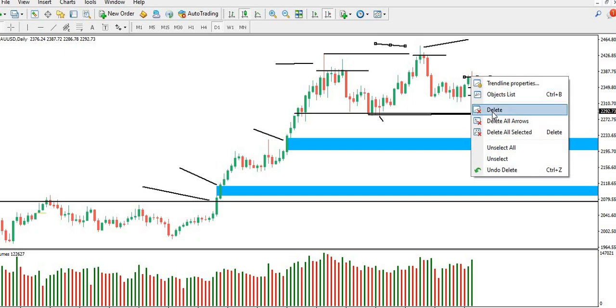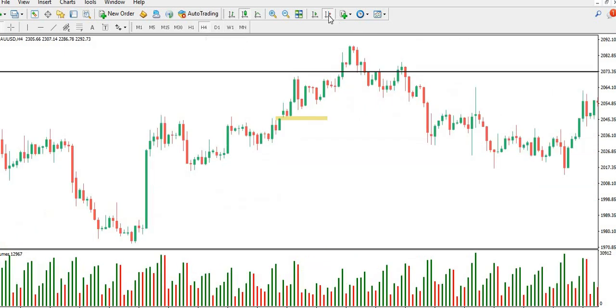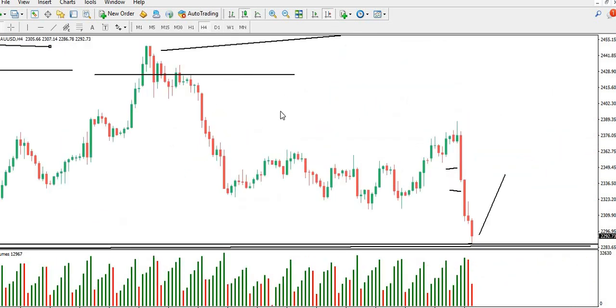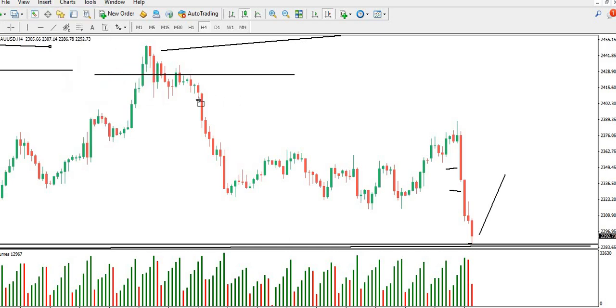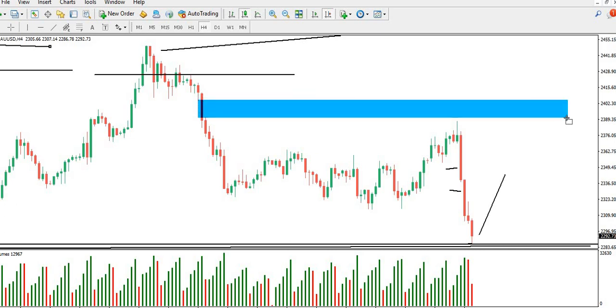So what is one concern for the traders regarding the bearish move? The one concern should be this fair value gap.